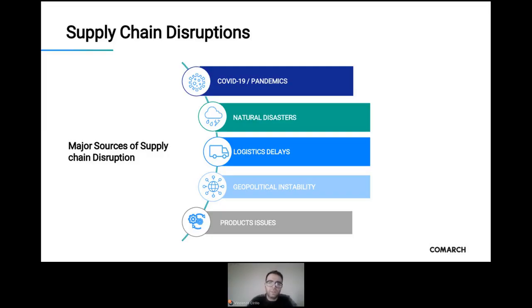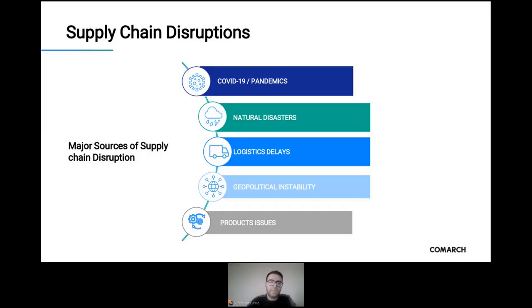Also, other occurring disruptions are logistic delays. This is one of the most pressing supply chain issues, I would add. And this one can also compound the other disruptions, like pandemics or natural disasters. So delays, missing parcels, and damaged cargo can lead to significant financial losses and overwhelming customer dissatisfaction, okay?